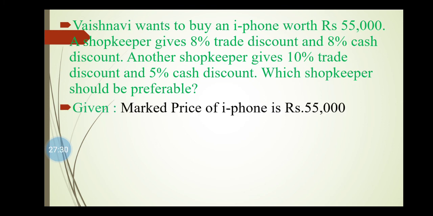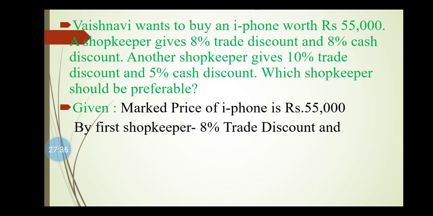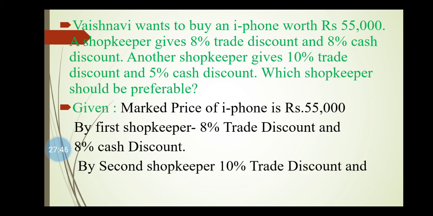So the mark price of the iPhone is rupees 55,000. By the first shopkeeper, 8% trade discount and 8% cash discount are allowed. By the second shopkeeper, 10% trade discount and 5% cash discount are allowed.